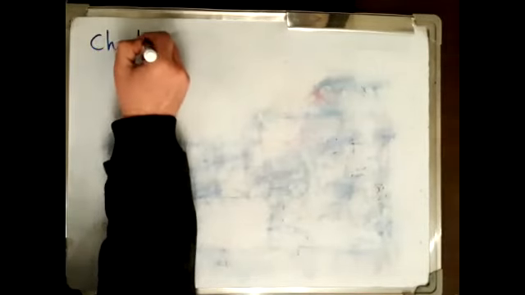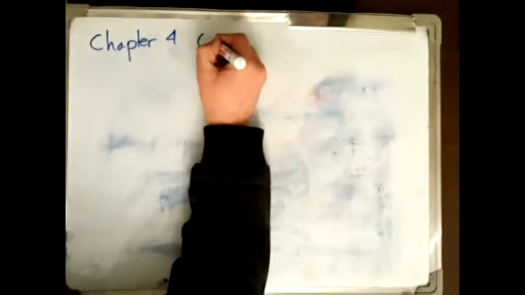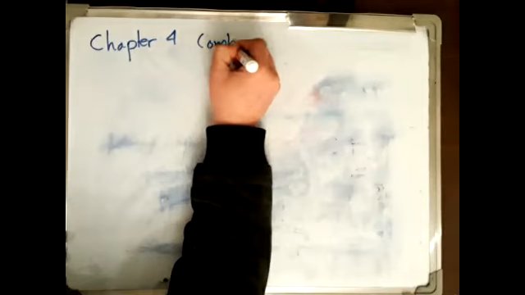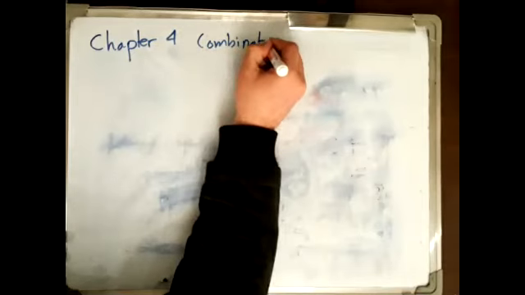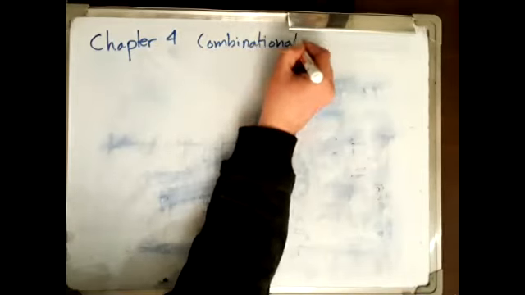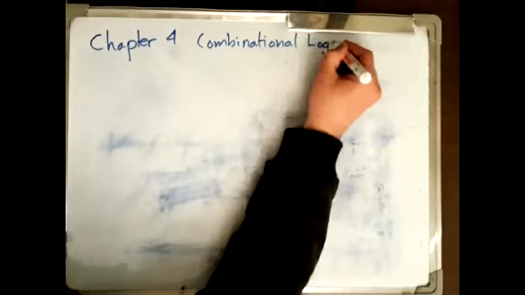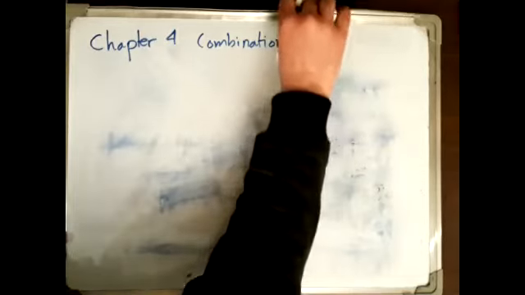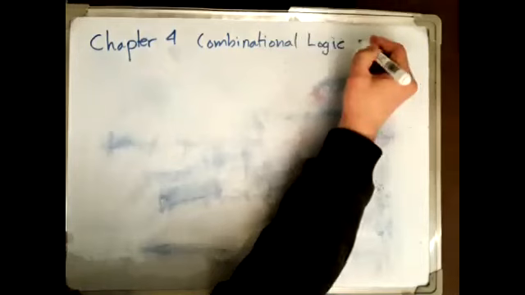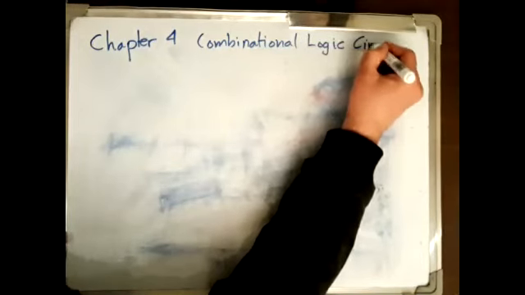Okay. Let's move now to a very important chapter, which is chapter 4. Chapter 4 is basically about combinational logic circuits.